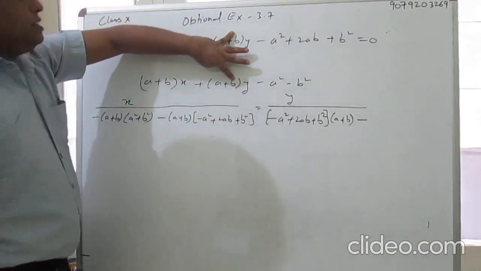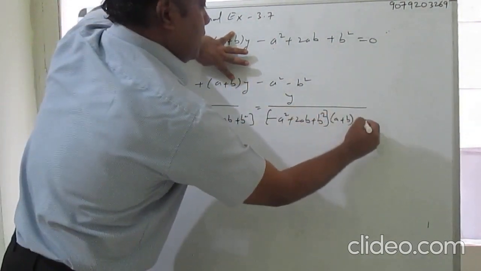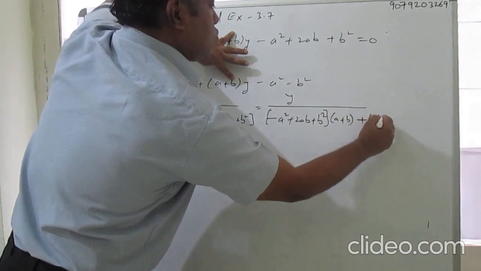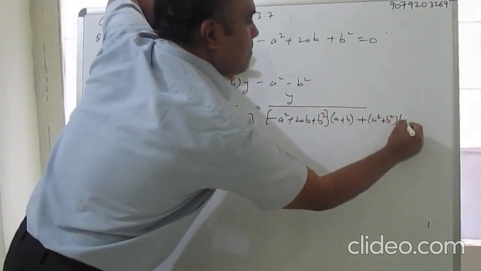Now minus this, minus common, so it is plus a square plus b square minus common multiplied by a minus b.